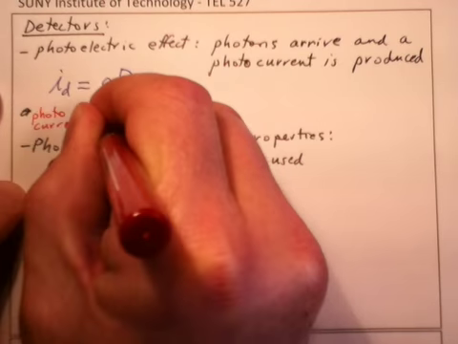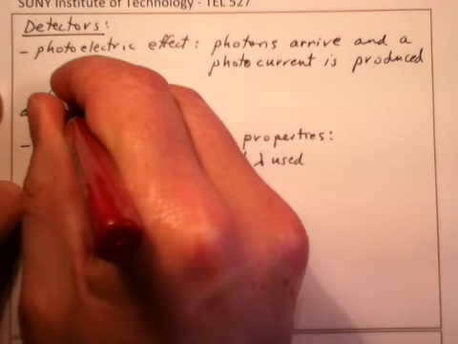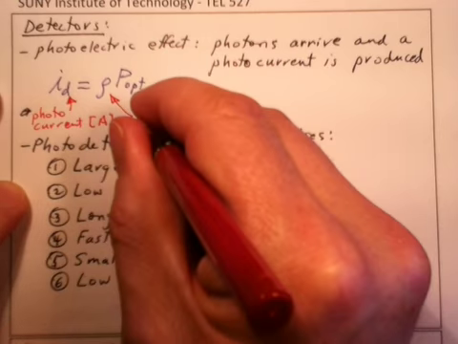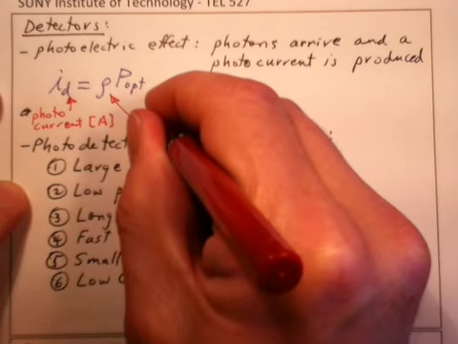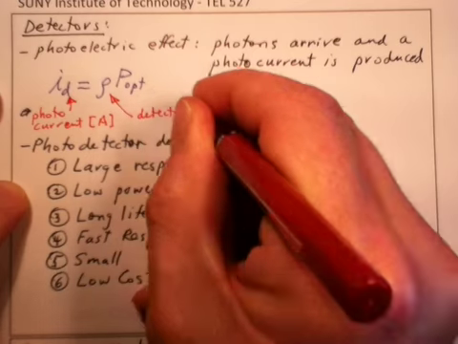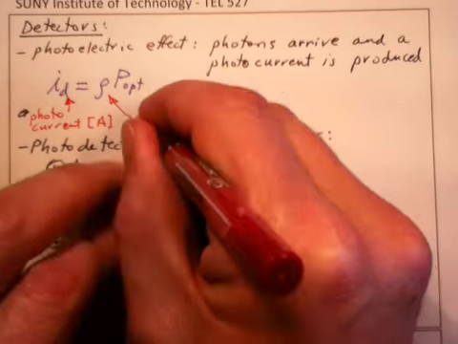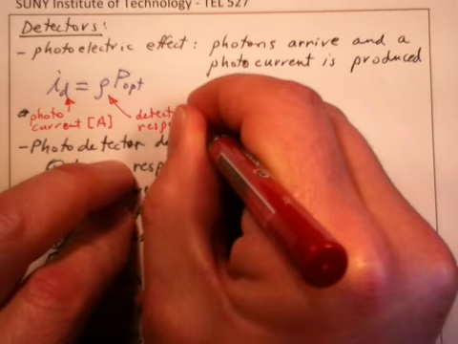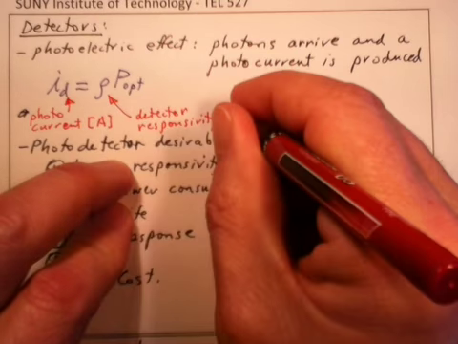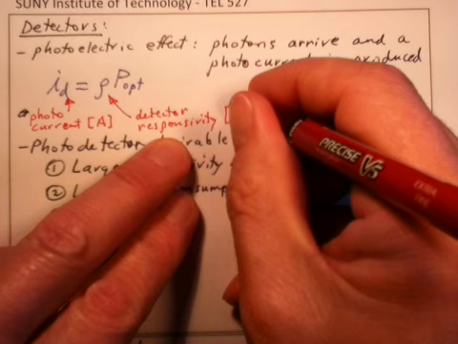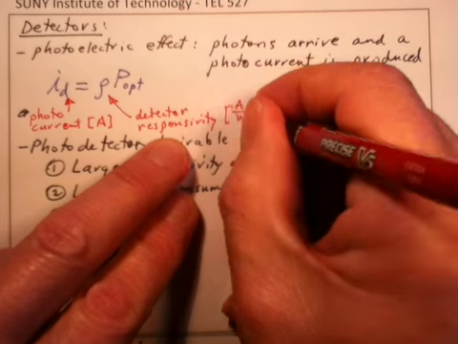This photocurrent I sub D has units of amps. This rho constant is, at least in the basic model, the detector responsivity, and it should be constant and has units of amps per watt.